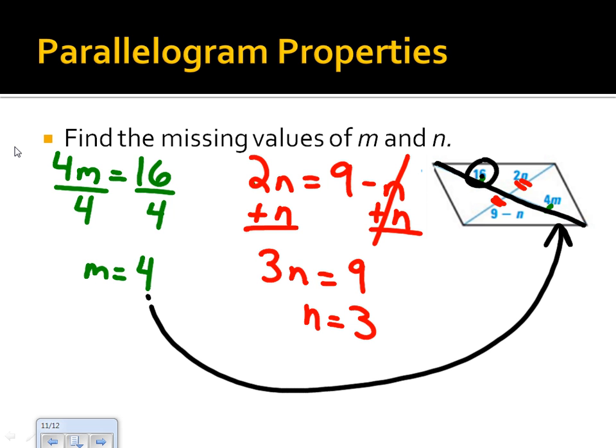Not 4, because M isn't 16, M is 4. How many pieces are there? This is how much of it? 2. So I could just take the 16 times 2. So the whole thing would be 32. Remember, bisect means cut into 2 even pieces. So if you know half of it, we can find the whole thing.